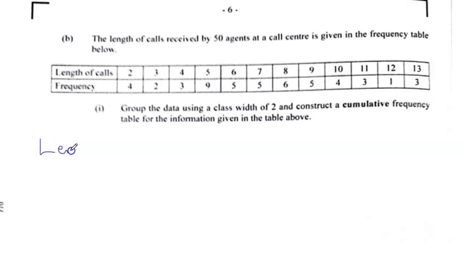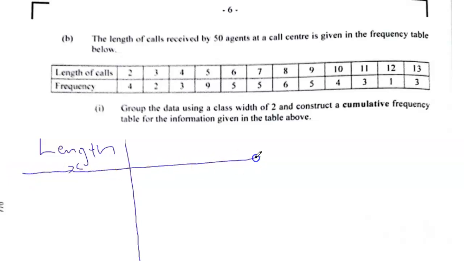Length, using X to represent that, and of course frequency, use F to abbreviate frequency, and in the final table, cumulative frequency.